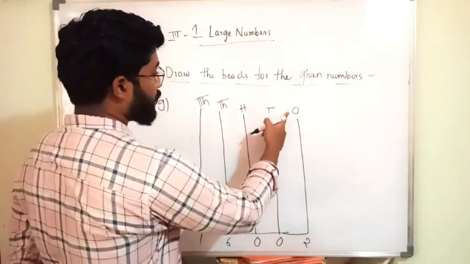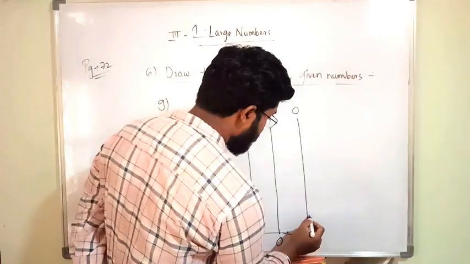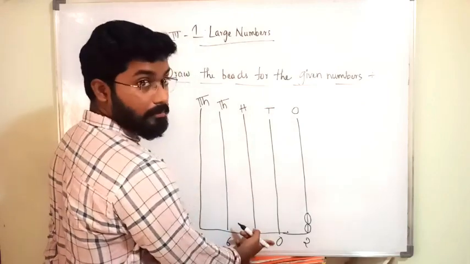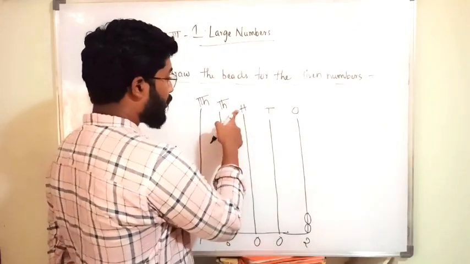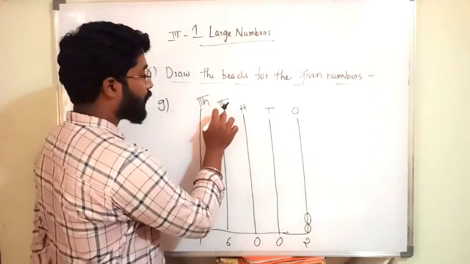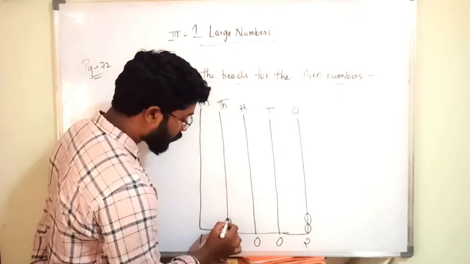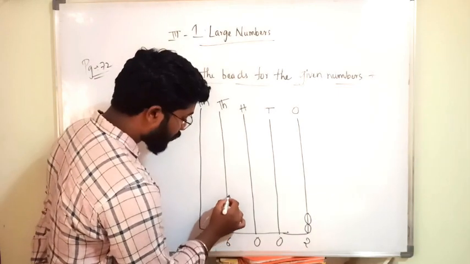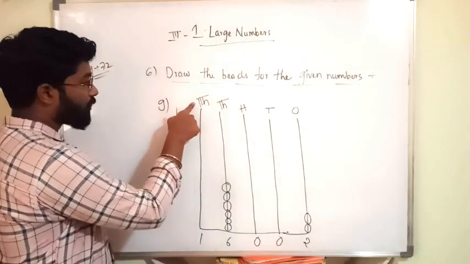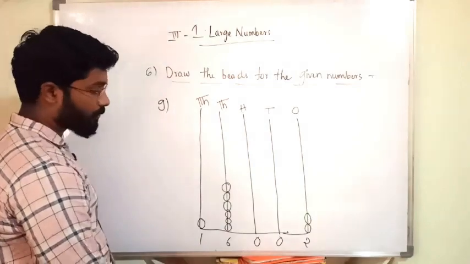Under 1's rod 2 is there, so you have to draw 2 beads. Under 10's rod 0 is there, so you should leave it. Under 100's rod 0 is there, so you should not draw anything. Under 1000's rod 6 is there. 1, 2, 3, 4, 5, 6. Under 10,000's rod 1, so draw 1 bead.